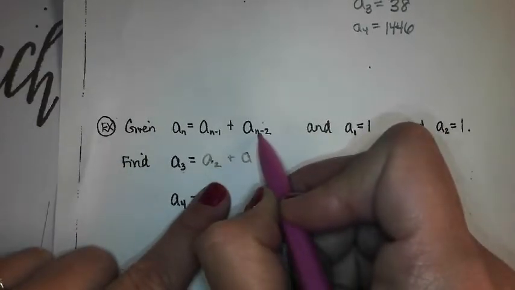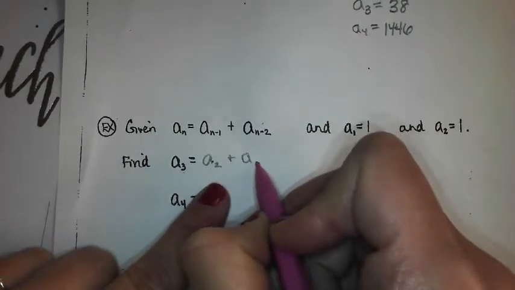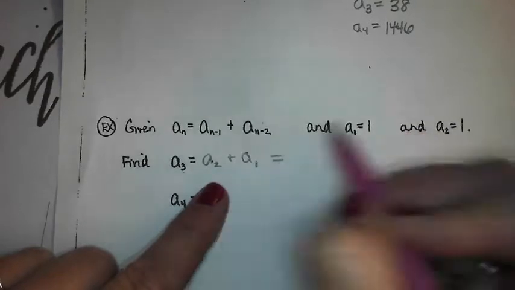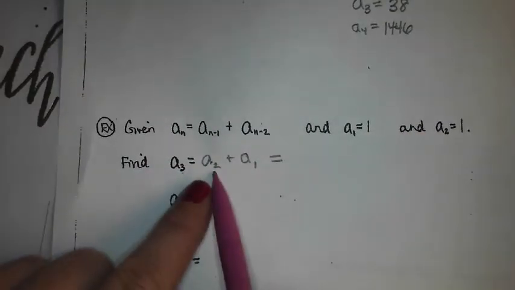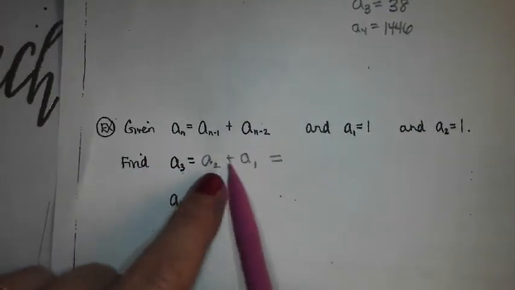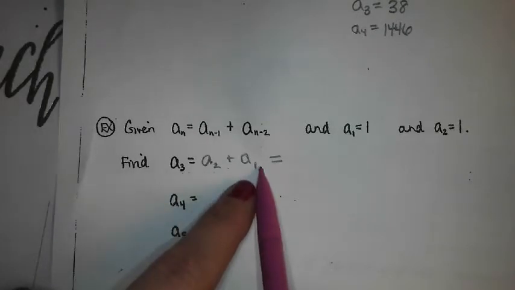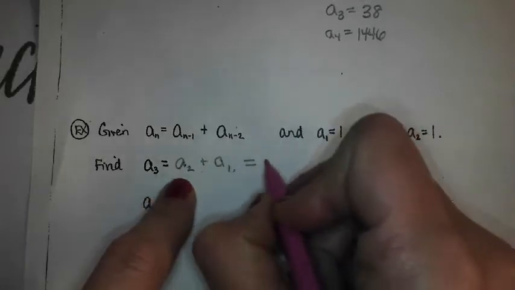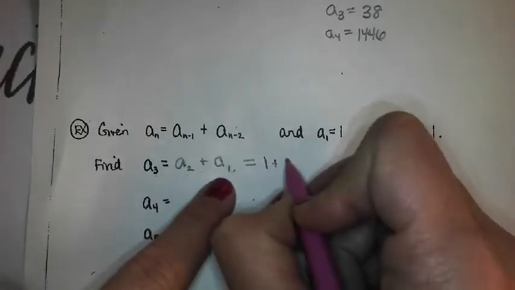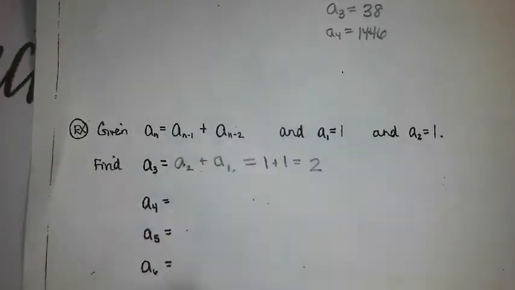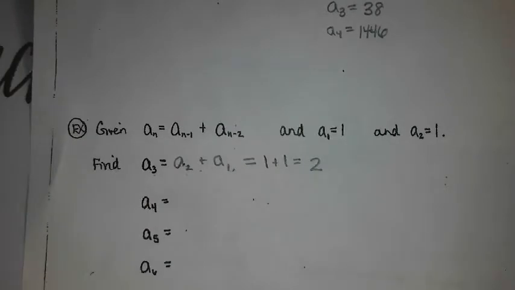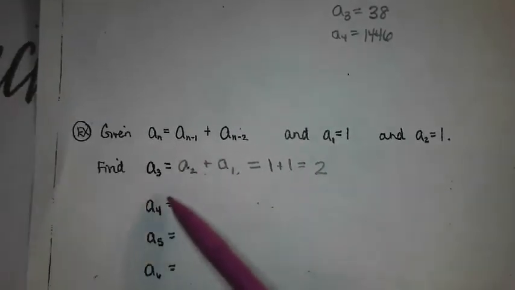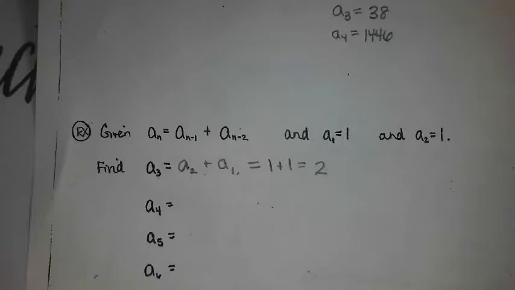If I plug in n of 3, 3 minus 2 is 1. So I need to take the previous term and add it to 2 terms ago, in this case. So the second term was 1, plus the first term was 1, and 1 plus 1 is 2. So you're taking the 2 previous terms and adding them together.